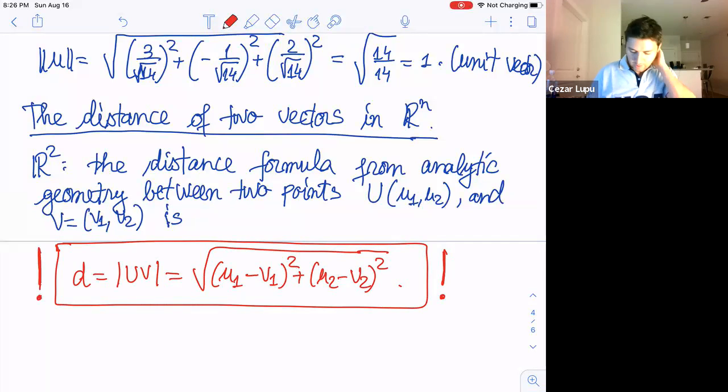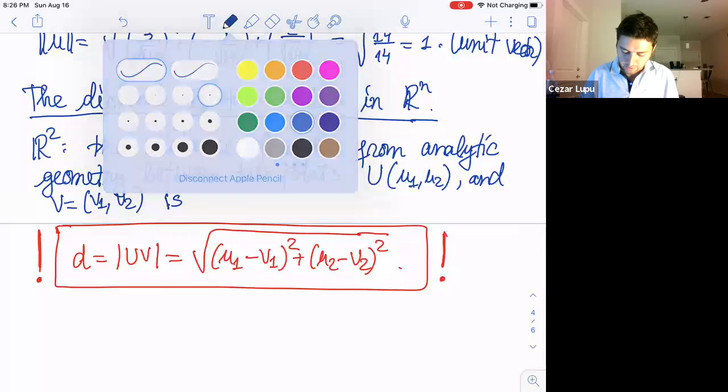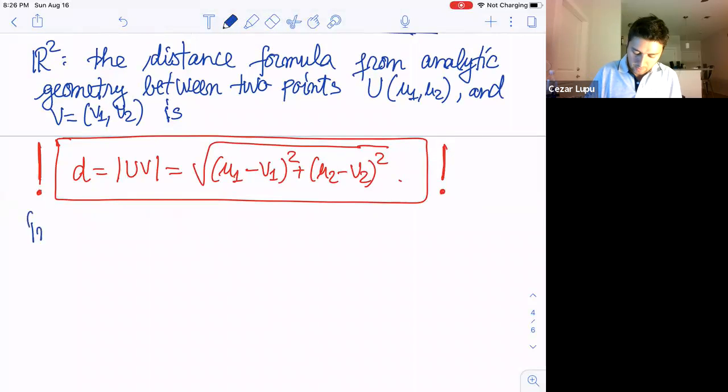Let's, in vector terminology, and then we'll draw a picture.